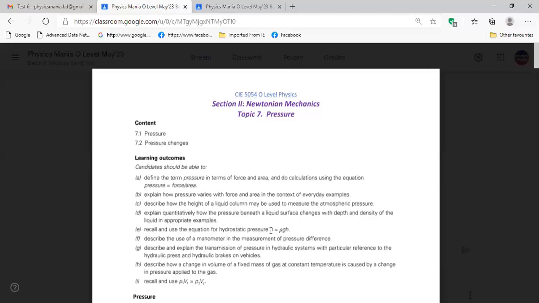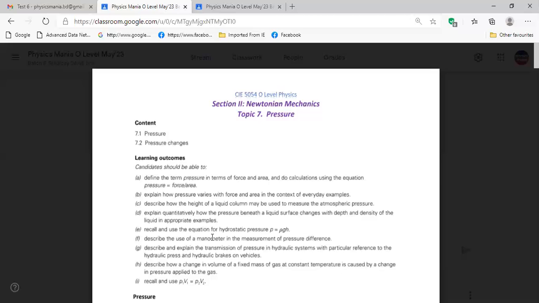No problem. Then we have the manometer. A manometer is a device or instrument which measures air pressure, like gas pressure.